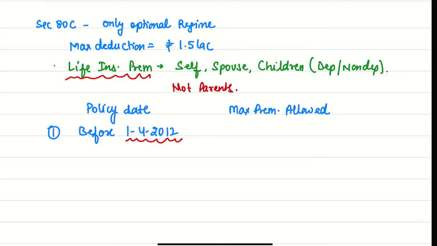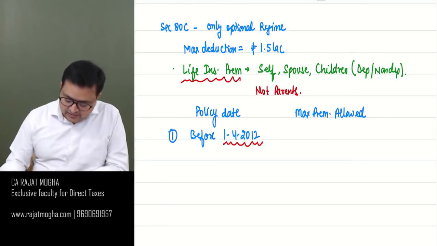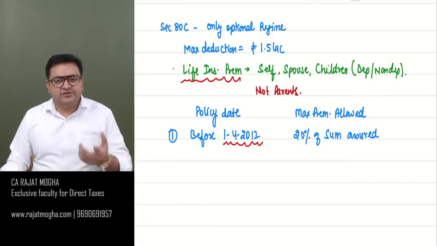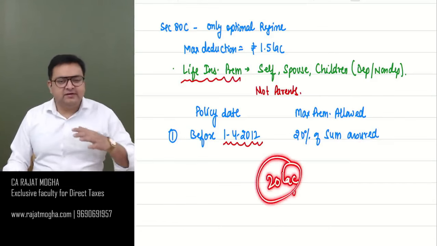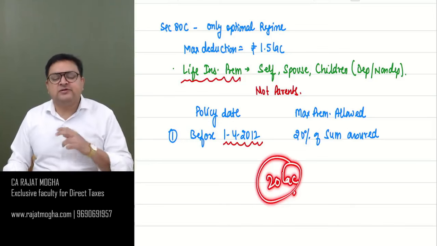So if we have taken any policy which is before 1/4/2012, the maximum premium which is allowed is 20% of sum assured. What is sum assured? I believe you must be knowing it. Let's say we have taken a life insurance policy of rupees 20 lakh. That if something will happen to the insured person, that 20 lakh will be received by the family member. That is called sum assured.